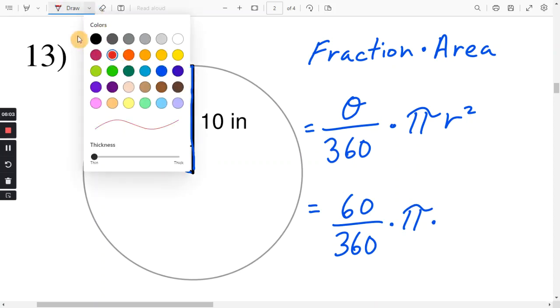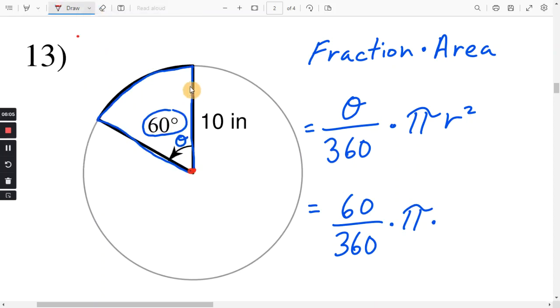R is the radius, which starts at the center and goes to the circle. This distance right here is the radius, and that is 10 inches. So for the radius r, I'm going to plug in 10. However, that's squared, so it's times 10 squared.